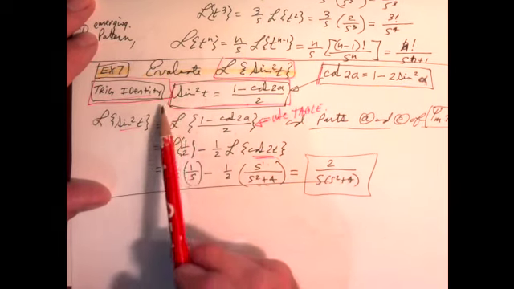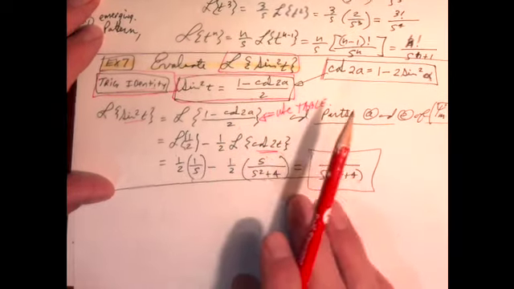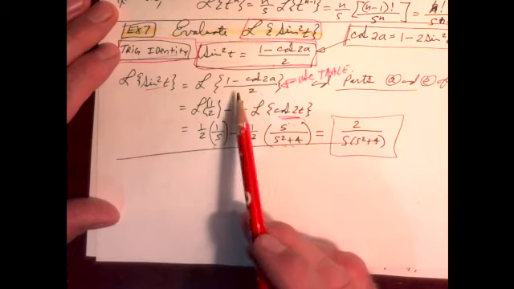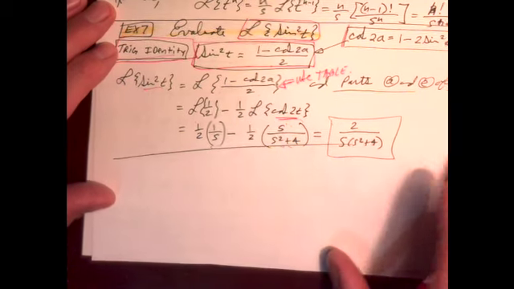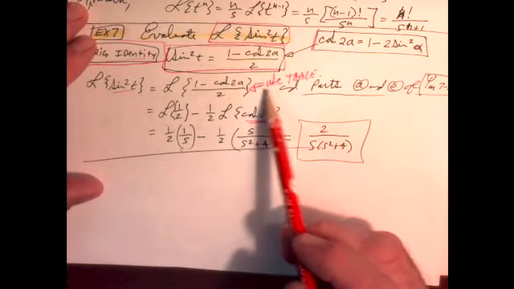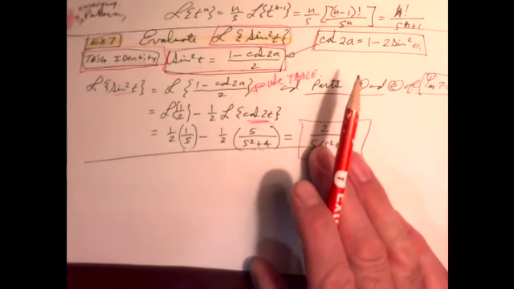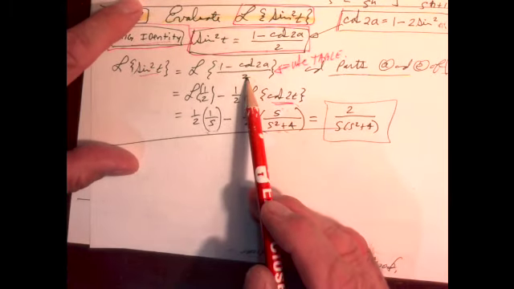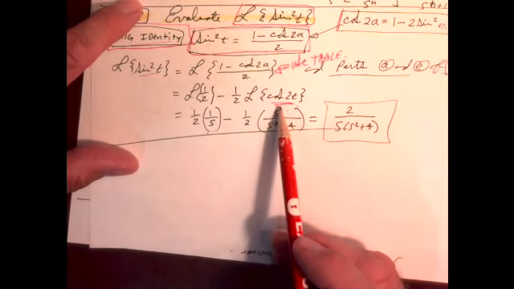Putting this trig identity in this form, I would place it into the Laplace bracket, and then I would go to my table. And so I would have the Laplace of 1/2 minus 1/2 Laplace of cosine 2t.